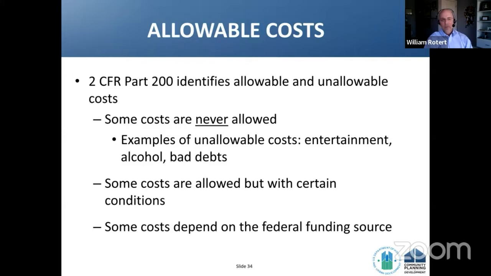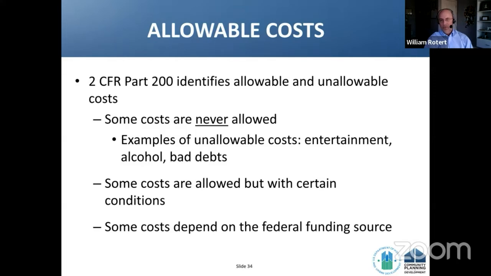Some costs are allowed, but with certain conditions. So there might be some items that you're funding that are allowable, for example, if your grantor agency, which is HUD, gives you permission to do it. You often run into that with equipment and supplies. So with certain conditions, some costs are allowed. And some costs depend on your federal funding source.